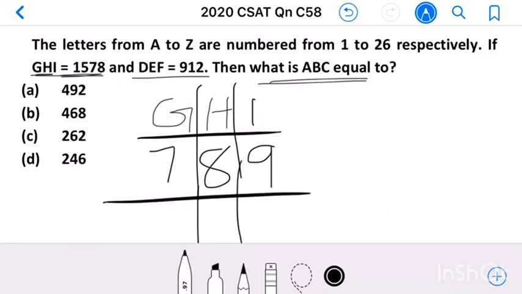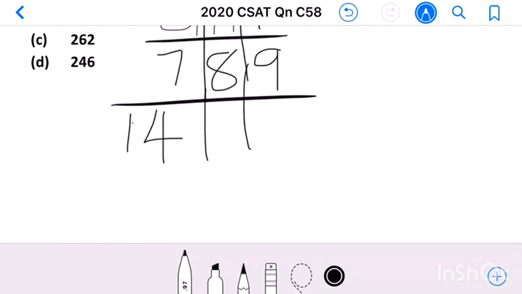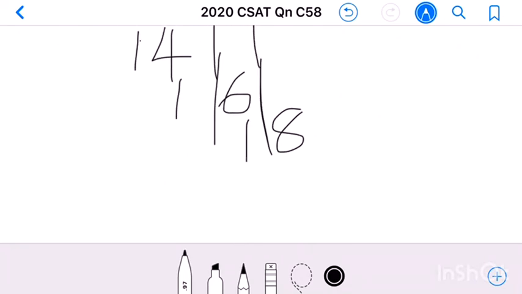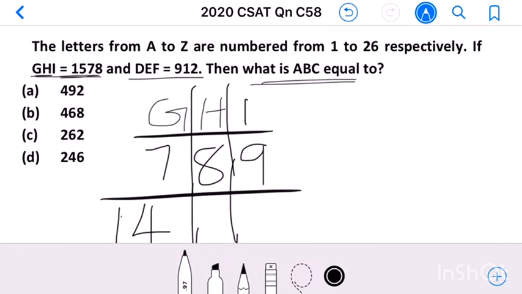When numbering from 1 to 26, then 7 into 2 equal to 14. 8 into 2 equal to 16. And 9 into 2 equal to 18. Adding all these we get 1578.